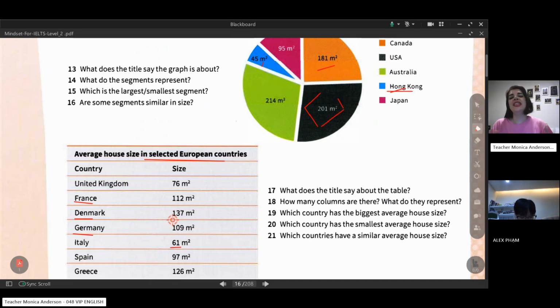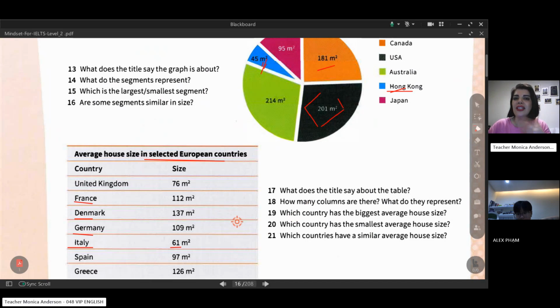So as you can see, we have two visuals, one pie chart, one table, and now we're going to compare both visuals together at the same time. Here we have Italy as the smallest, but here we have Hong Kong. So let's compare them. This one is smaller.